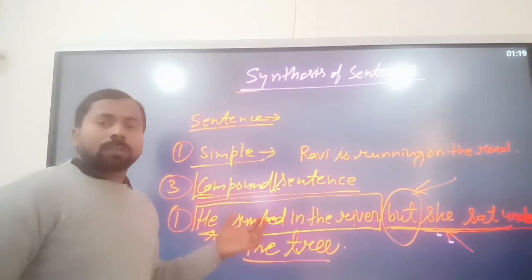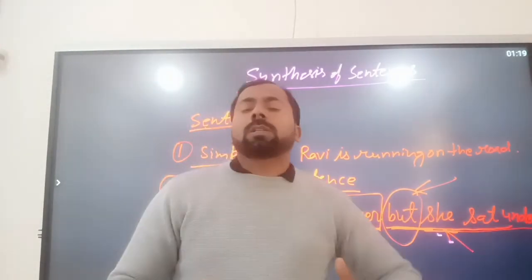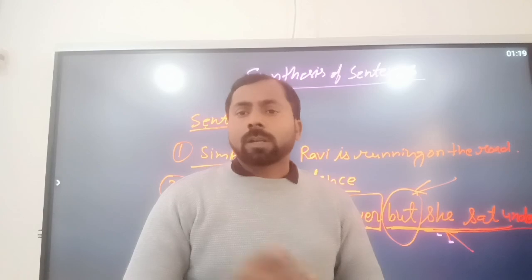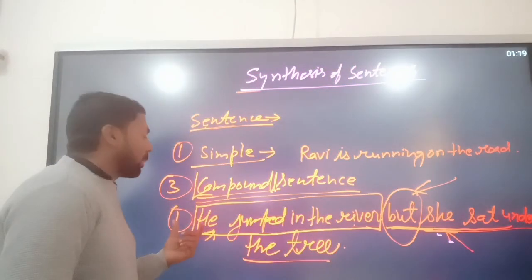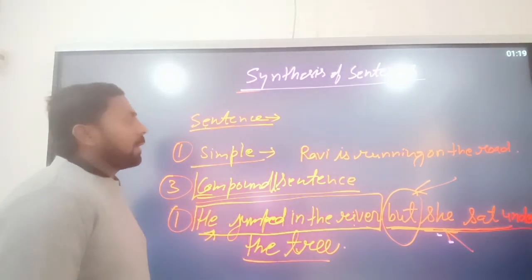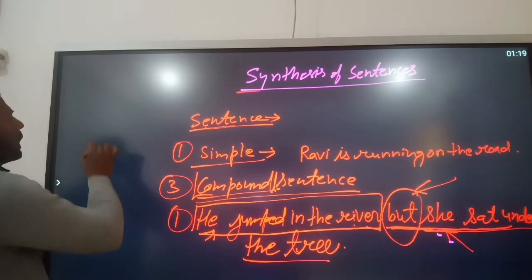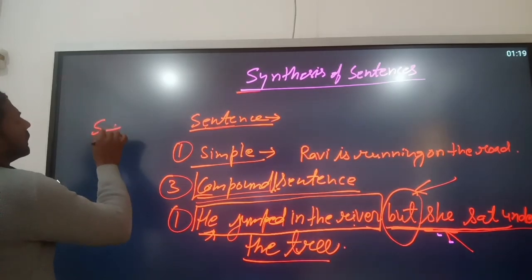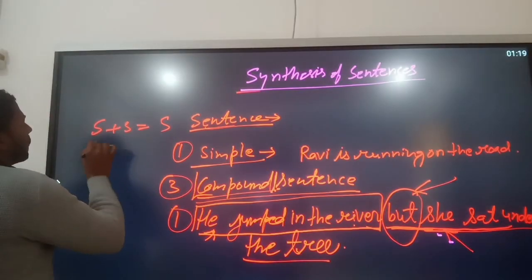And when a sentence has two clauses and both are independent, not dependent on each other, then this type of sentence is known as a compound sentence. And it is a way we can change two simple sentences into one sentence.